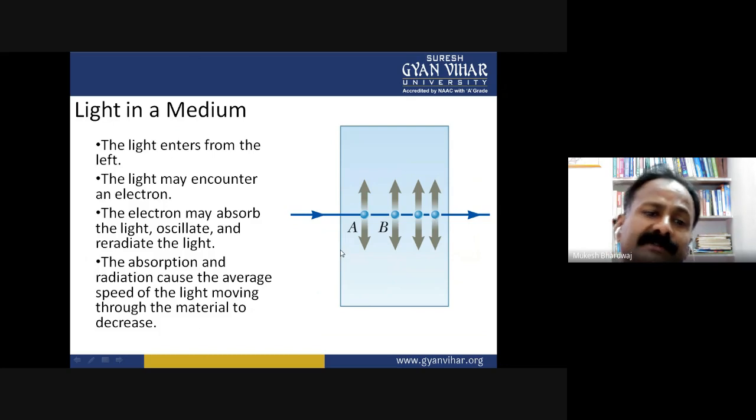The electron may absorb the light, oscillate, and re-radiate the light. The absorption and radiation cause the average speed of the light moving through the material to decrease. This is the reason why the speed of light decreases in any denser medium.